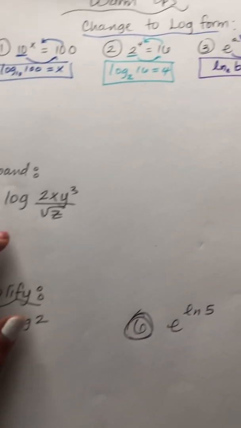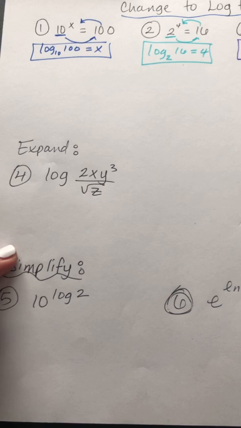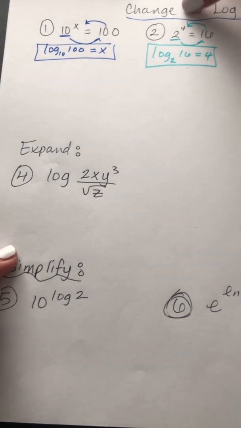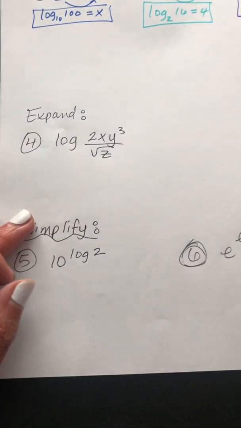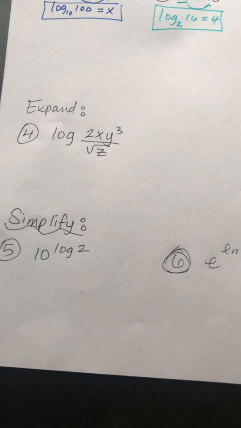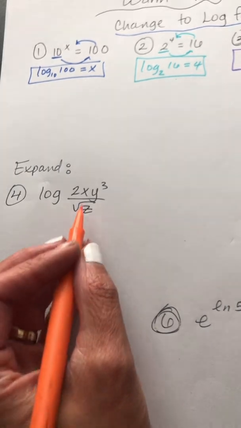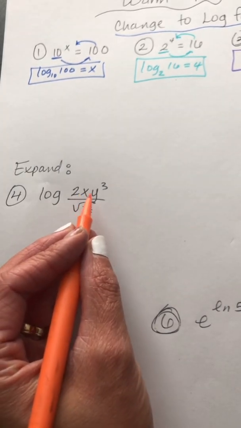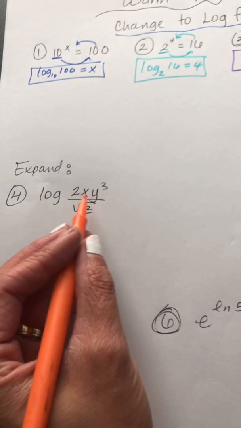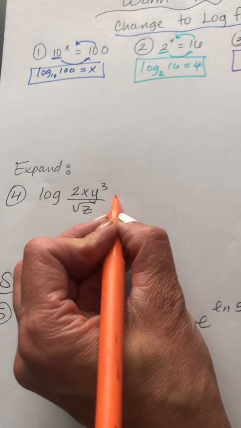Okay, anyways, moving along. Then there were some where we had to expand. So expand log of 2xy to the third all over the square root of z. Okay, so remember when things are next to each other, they're being multiplied, and when we expand, that means we need to make it longer, we need to lengthen it, we need to separate these terms. 2 times x times y to the third, remember when we multiply, that means adding with logs.